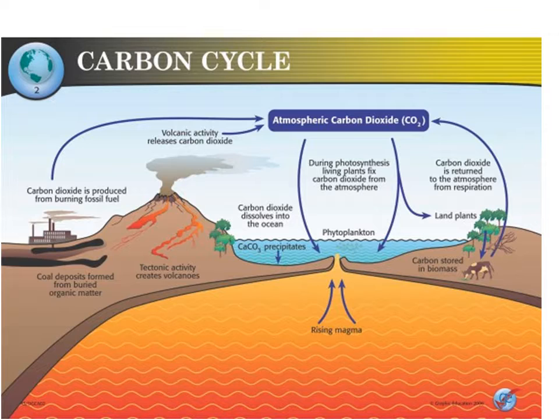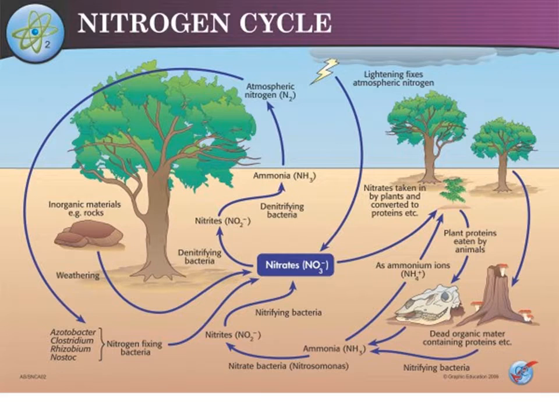Plants take in the carbon dioxide to make up their own tissues and give off oxygen as a waste product. This carbon in the plants is then ingested by animals that eat plants, and it becomes part of their tissues. When these plants and animals die, the decomposers convert the carbon within the plants and animals into carbon dioxide again.